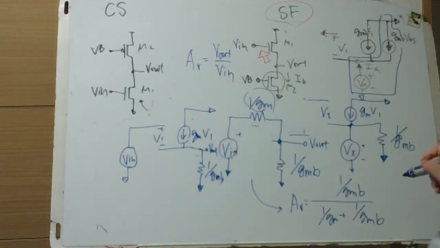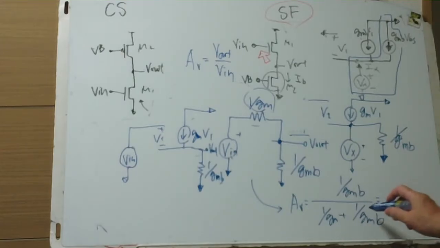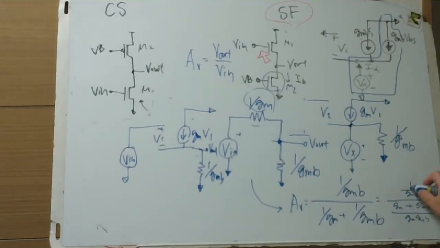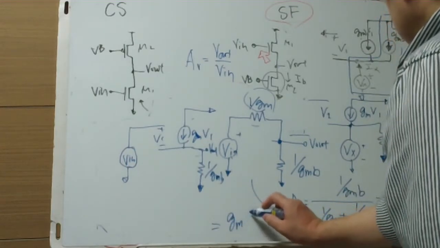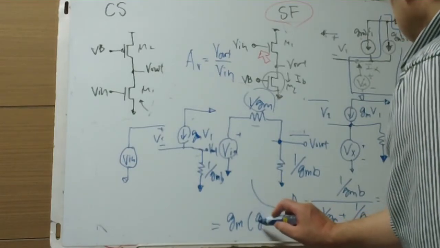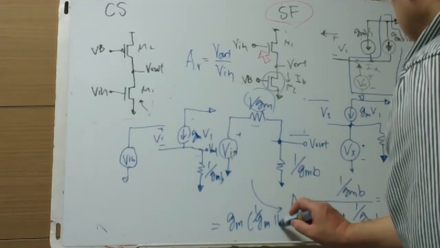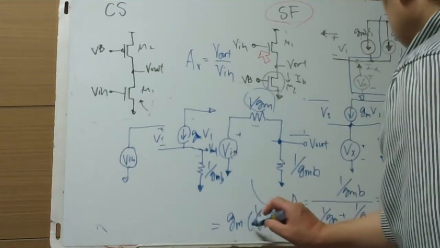And this is going to be simplified. Gm, GMB, Gm plus GMB, and GMB cancelled, and as expected we get Gm times 1 over Gm in parallel with 1 over GMB, times R out, times Gm.